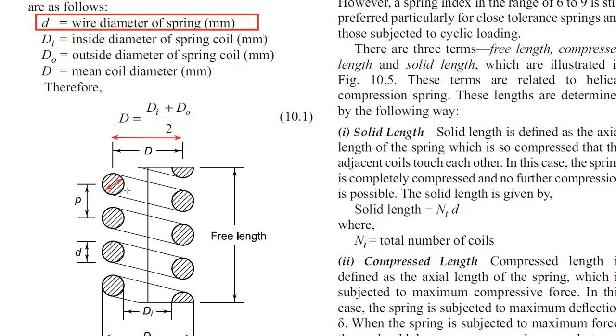This is the outer diameter, and this is the inner diameter, DI. So the mean coil diameter is the average of these two diameters, DI plus DO divided by 2. It is the mean coil diameter.